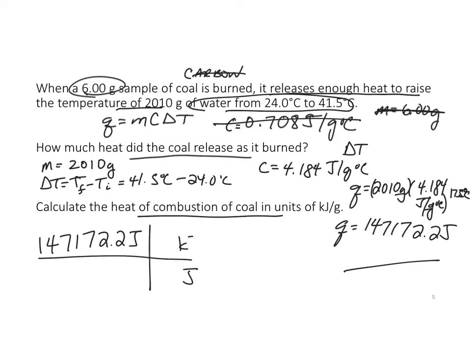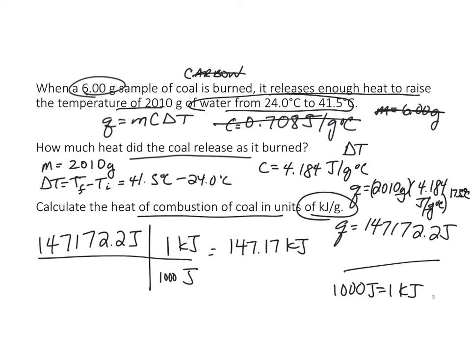So joules to kilojoules, what is that? That's 1,000 joules equals 1 kilojoule. So I'm going to take that number and divide by 1,000. Now I have 147.17 kilojoules, and then we want divided by the grams of coal.